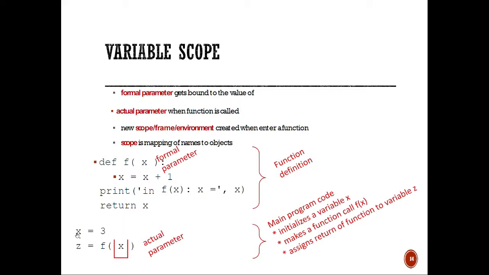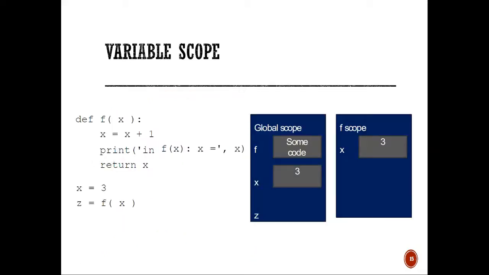Initially we define x to be equal to 3, and then we define z to be f of x. So in this case, x becomes a parameter to the function, and the output from this function is assigned to z. So for this example, we have f, the function, which has a bunch of code, and then we have x, the variable, with a value of 3.